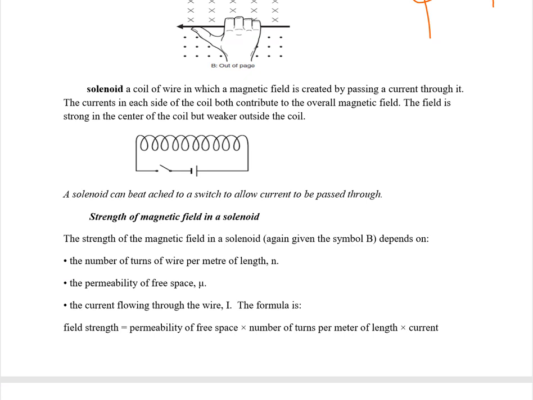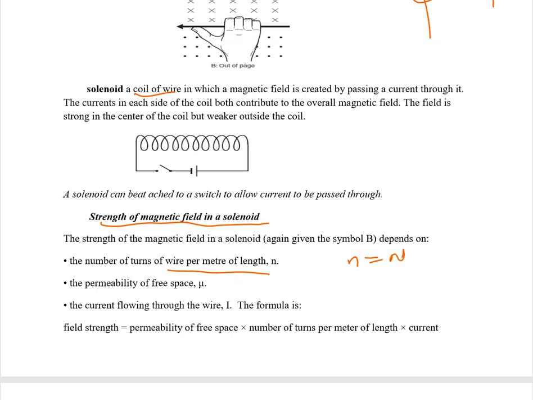A solenoid is what? A coil of wire, a wrapped wire. For this wrapped wire, we can calculate the magnetic field strength, and the strength of the field is dependent on three basic points. The first one is the number of turns per meter, that is small n.